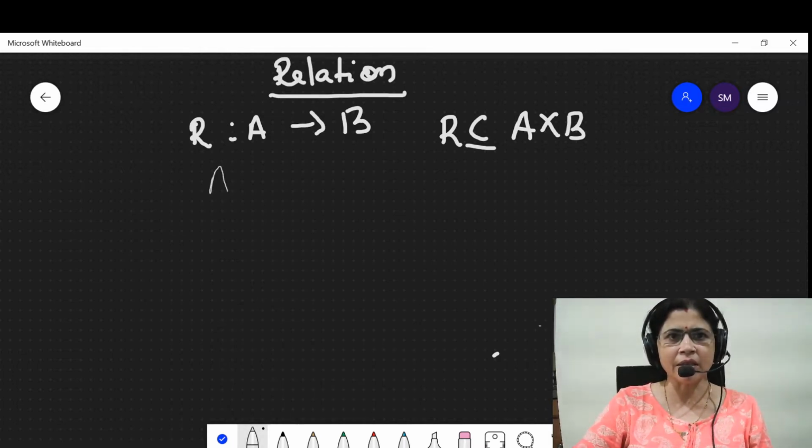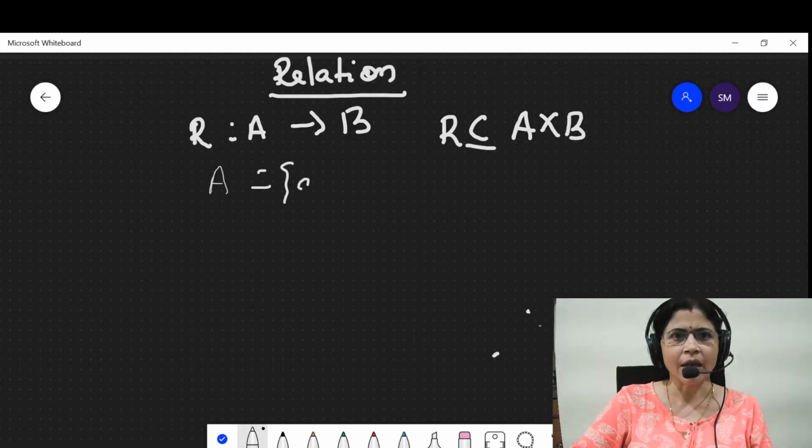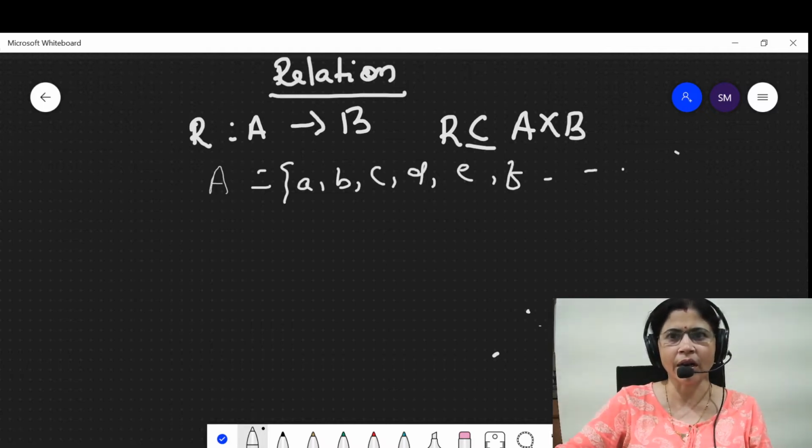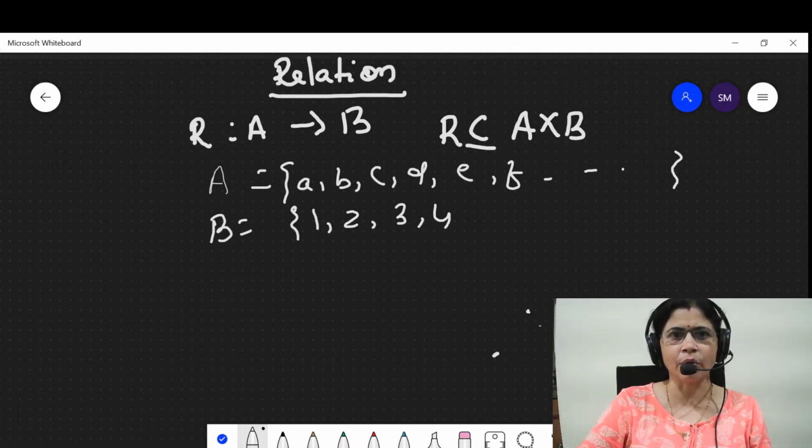Suppose A is a set of alphabets A, B, C, D, E, F, etc. And B is a set of natural numbers 1, 2, 3, 4. All these are sets.